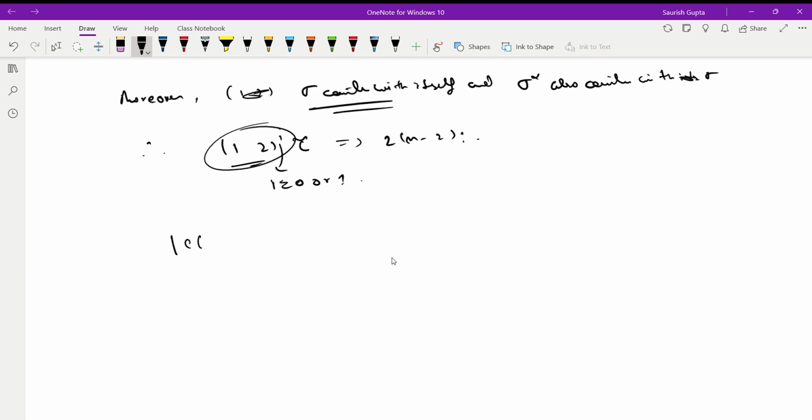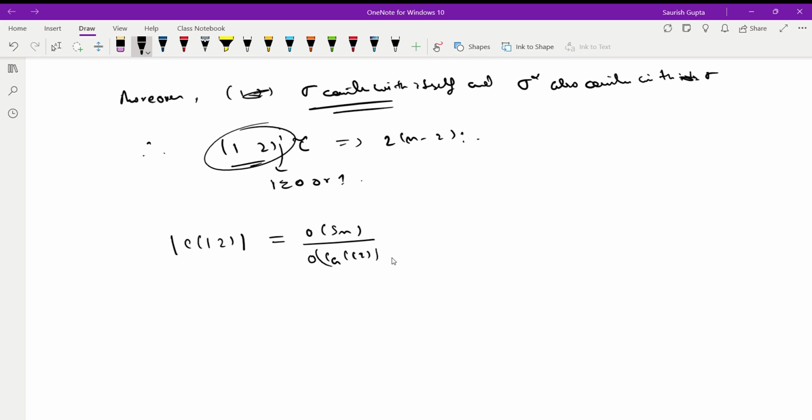How can I find the conjugacy class of (1 2)? It is the order of Sn upon the order of the centralizer of (1 2), if you recall, right? Now what is the number of distinct conjugates of (1 2)?